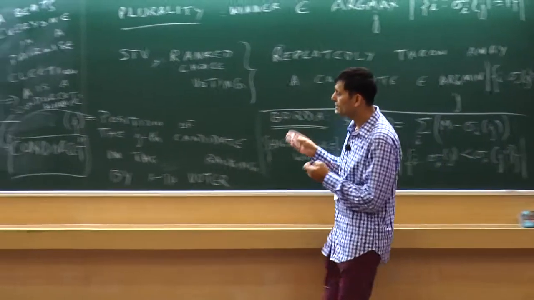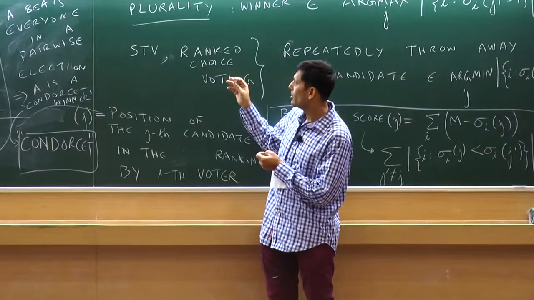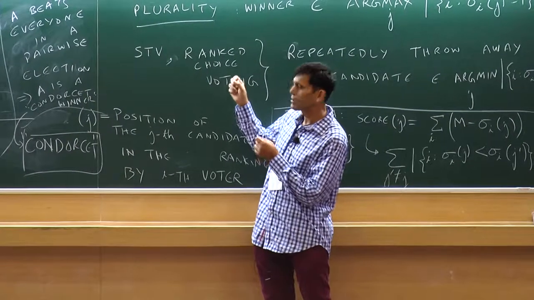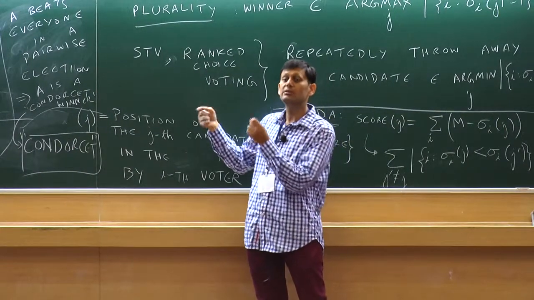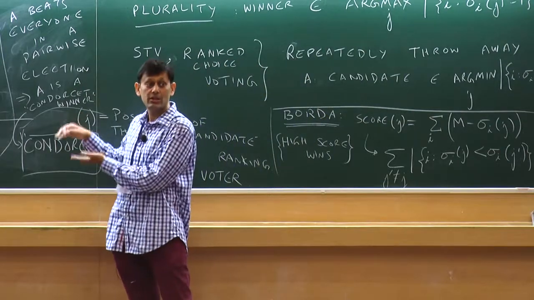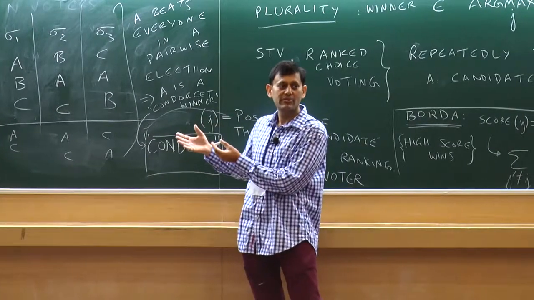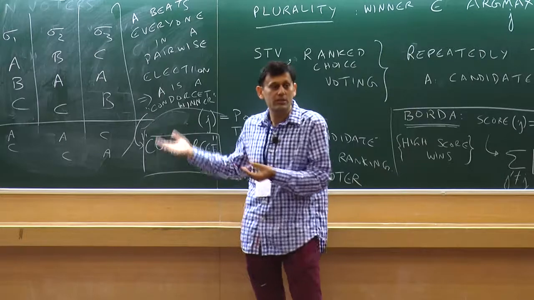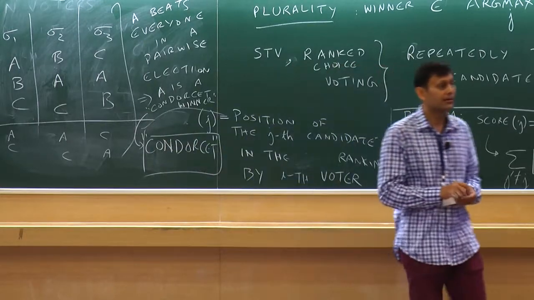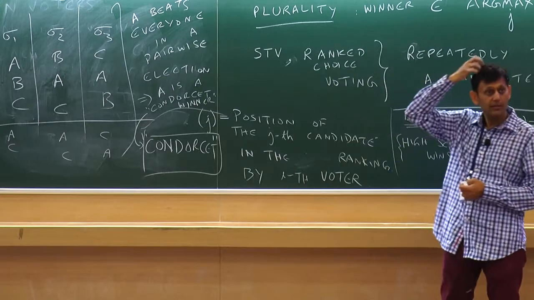So a rule is said to be a Condorcet rule if the winner that it outputs is a Condorcet winner if one exists. A Condorcet winner need not always exist. But in my mind, any sane rule should output a Condorcet winner when one exists, because it is such a non-controversial quantity. And none of these rules output a Condorcet winner.